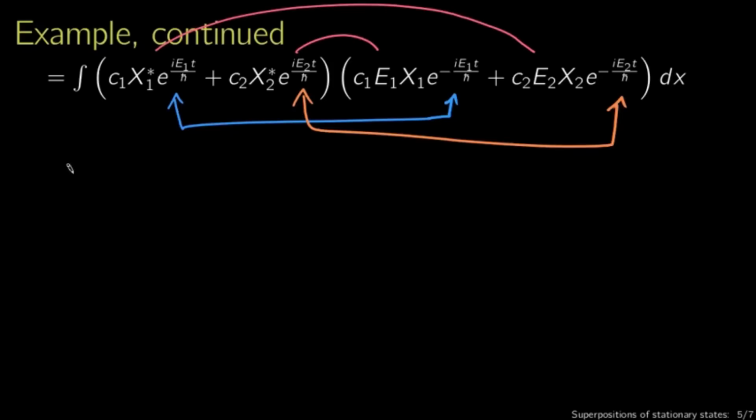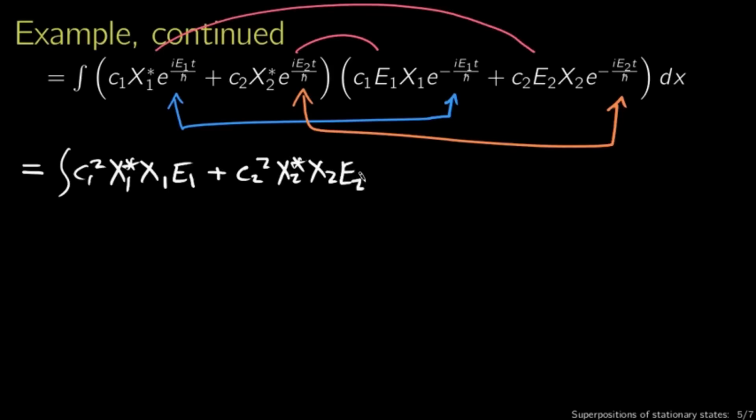So what you get, expanding that out, is, as before, the integral of c1 squared x1 star x1 times e1 with no time dependence. That's what you get from the orange terms here. The time dependences drop out, and we have the constant e1 also. From the blue terms here, we get c2 squared x2 star x2 e2 for the same sorts of reasons.